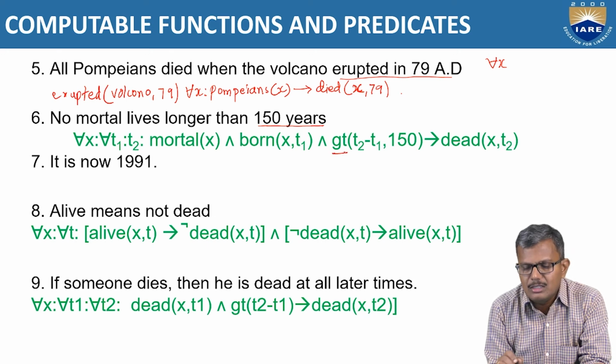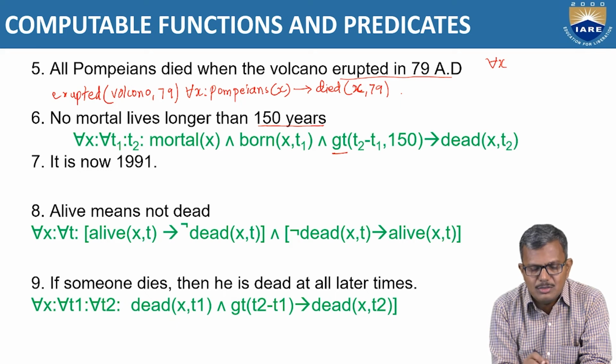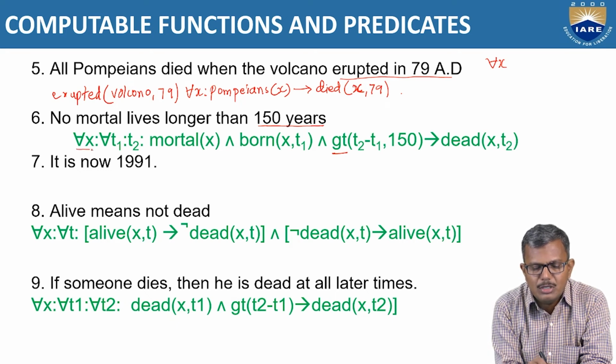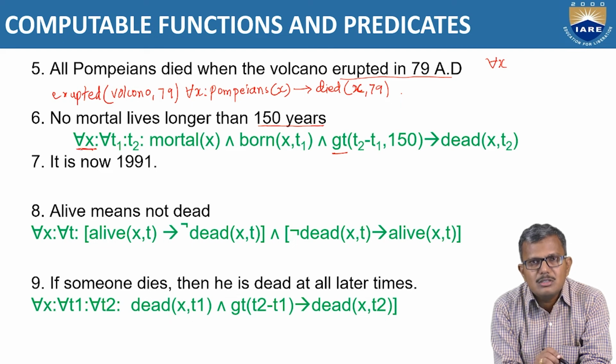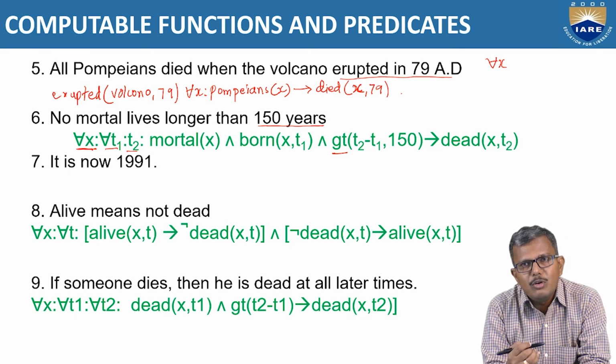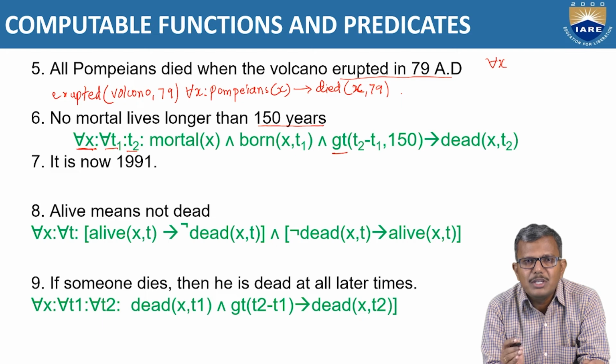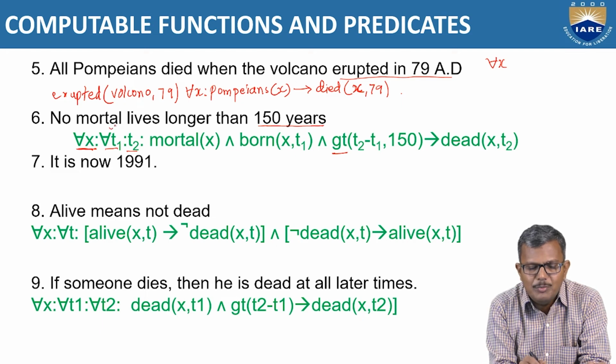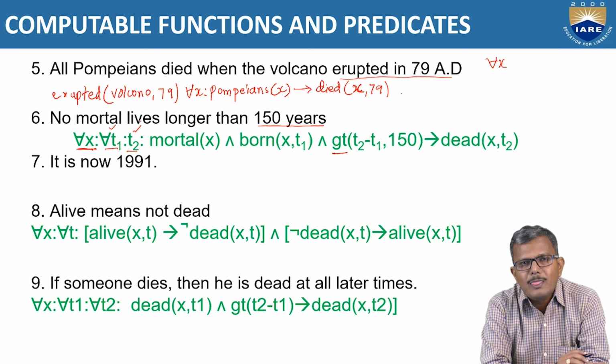So for representing this one, we need to understand this. You see, greater than. No mortal lives longer than 150 years. So here, first I am talking about all the mortals, and I need the time periods. Why? Because I need to decide whether they have really lived longer than 150 years or below 150 years. So definitely I need to know the difference between the time periods. For one time period I am taking T1, and for another T2.